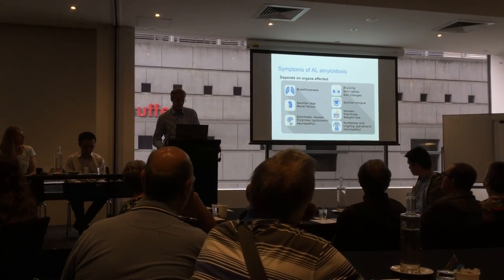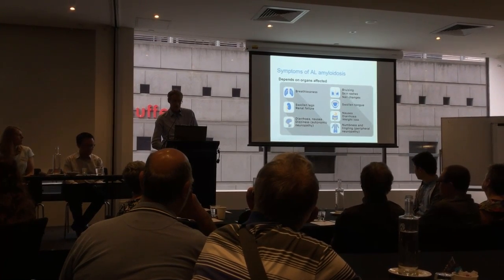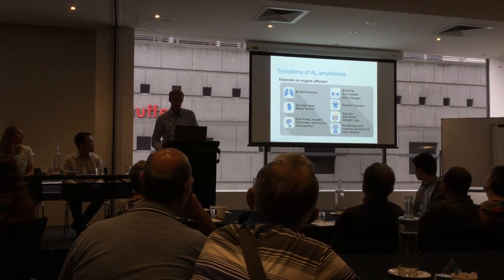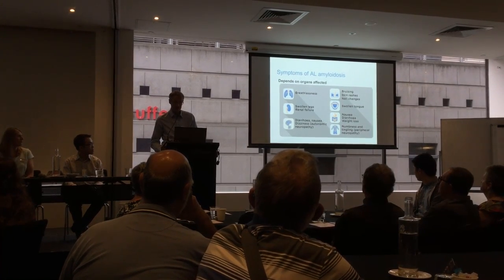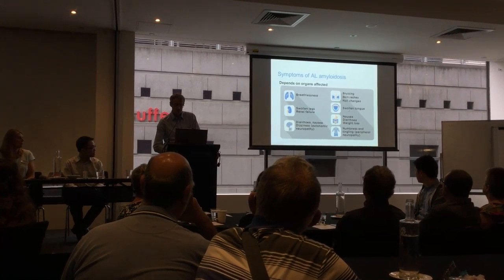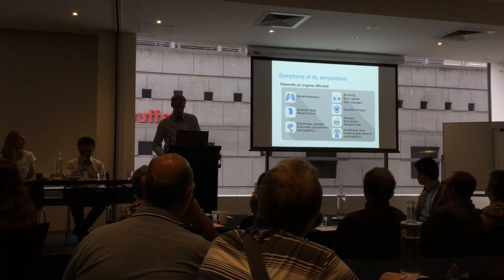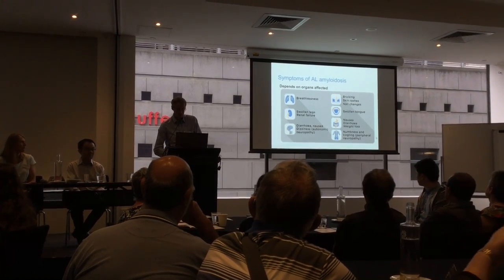One of the common features is a tendency to bruise, because there is a small amount of amyloid in little blood vessels throughout the body. It can build up in the muscle of the tongue, which can be very distressing.